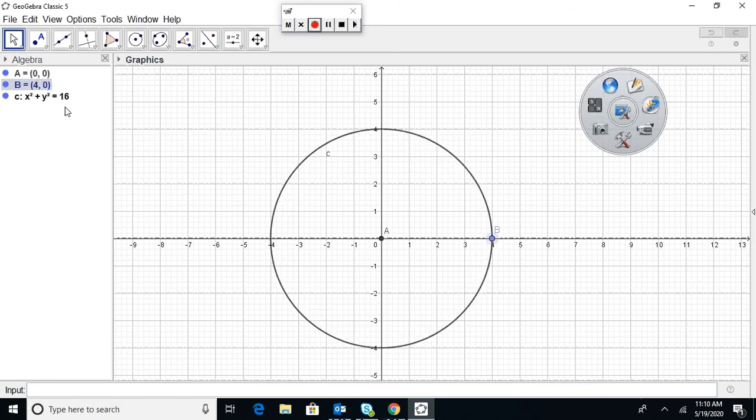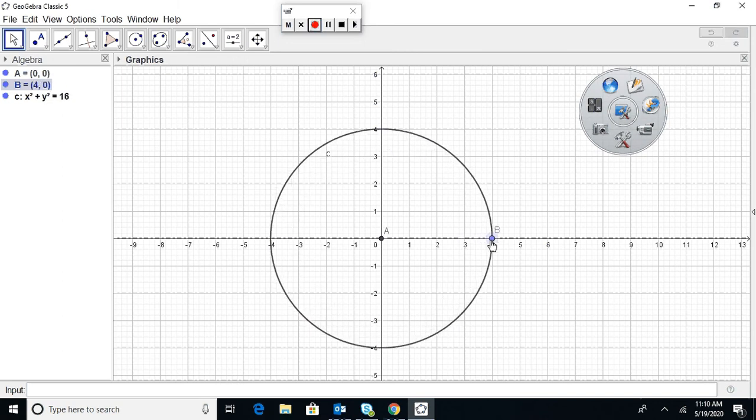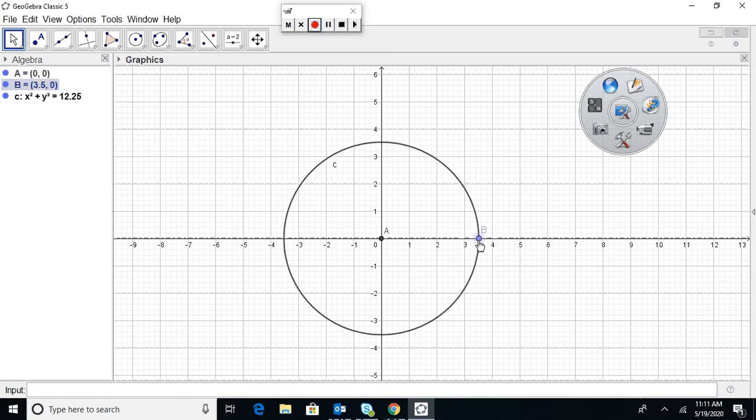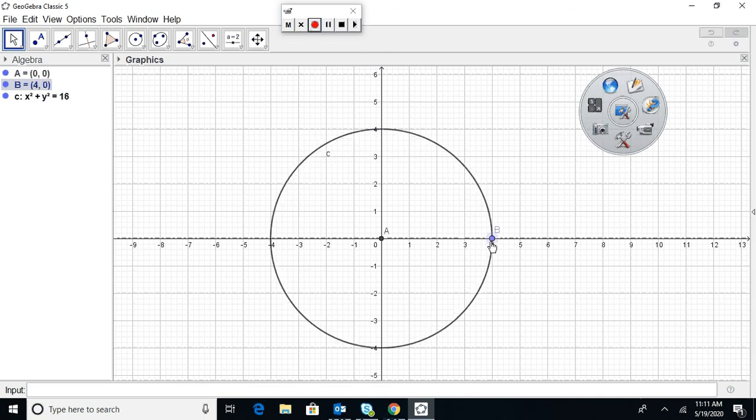What happened? The only thing that changed was this right-hand side of the equation. It went from 9 when it was here at 3 to 16. So what do you think is happening as the radius goes from 3 to 4? The right-hand side of the equation for a circle went from 9 to 16.